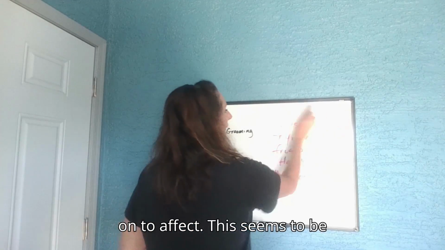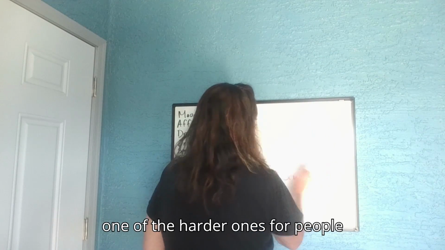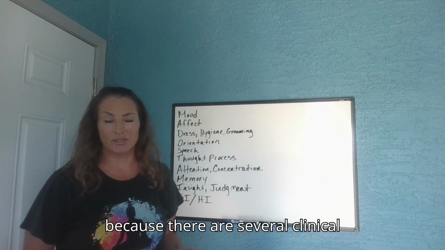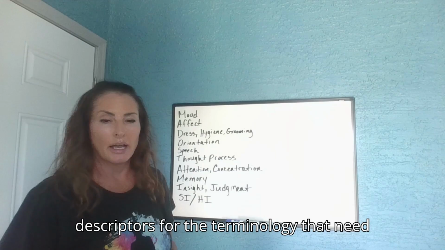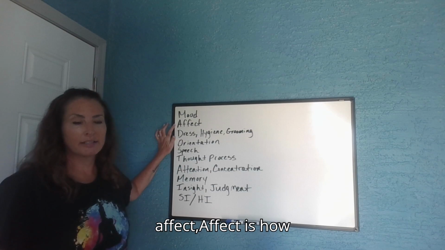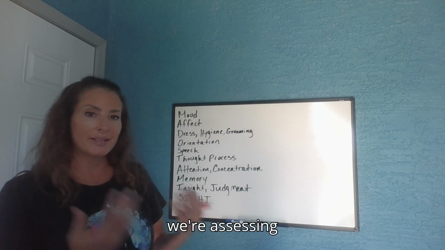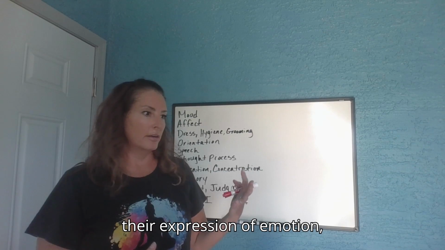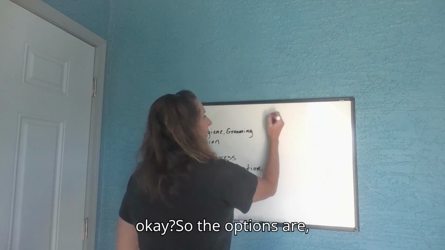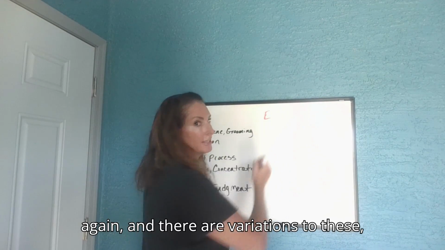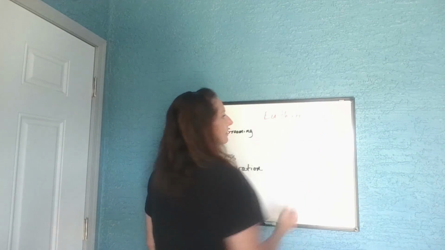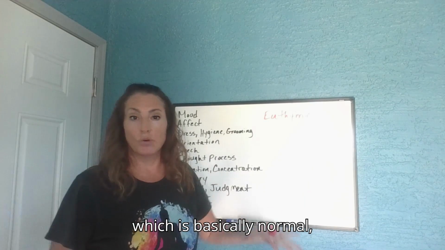Okay, so let's move on to affect. This seems to be one of the harder ones for people because there are several clinical descriptors for the terminology that need to be kind of memorized and really understood. So with affect, affect is how we're assessing their expression of emotion. Okay, so the options are, again, and there are variations to these, but there is euthymic, which is basically normal, right?